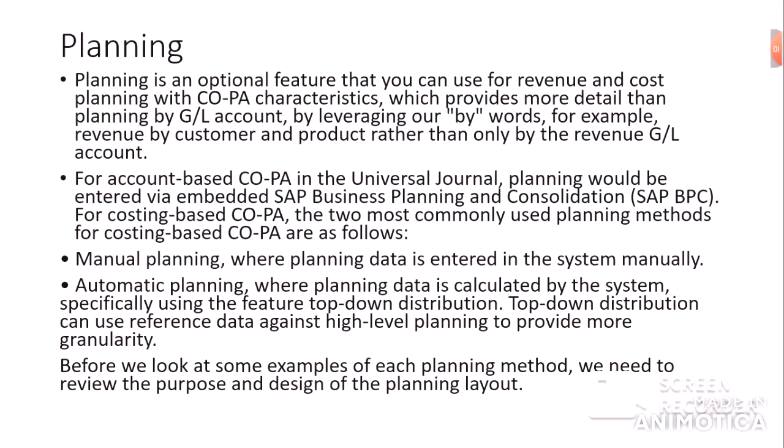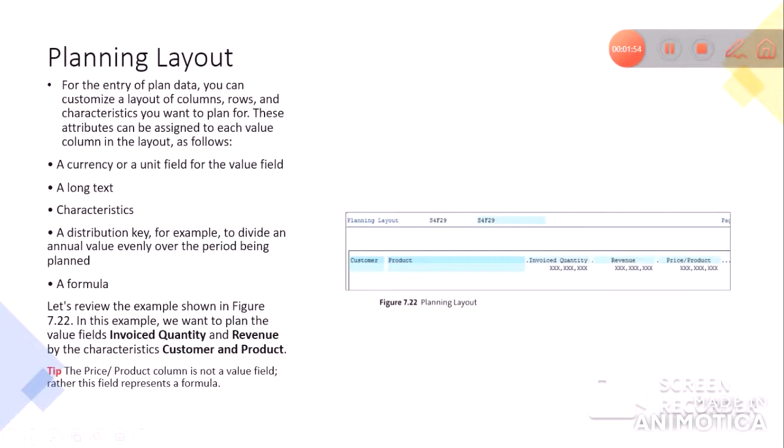Before we look at some examples of each planning method, we need to review the purpose and design of the planning layout. For the entry of plan data, you can customize a layout of columns, rows, and characteristics you want to plan for.